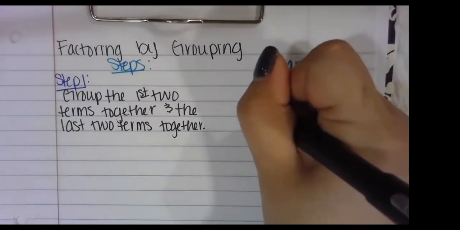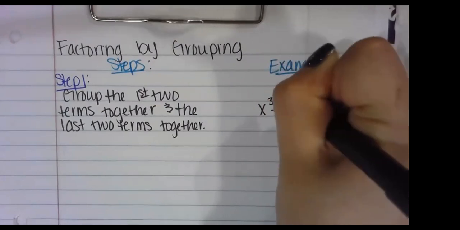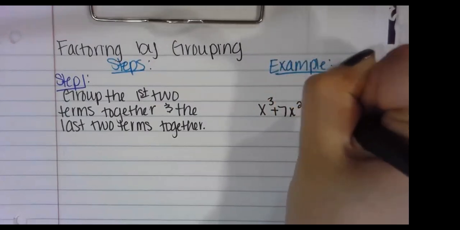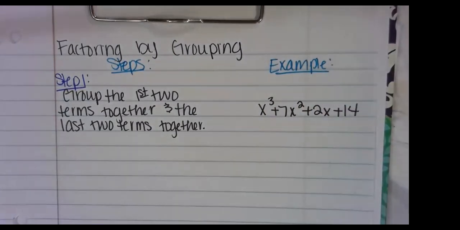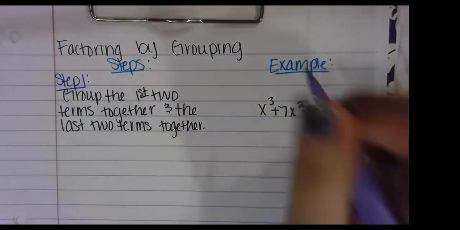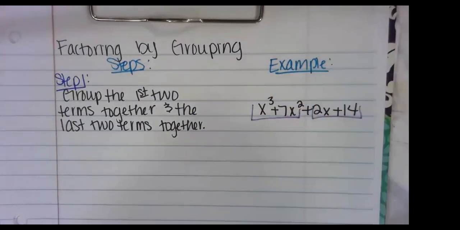So on this one would be like having x cubed plus 7x squared plus 2x plus 14. You look at these two, and you look at these two. That's just what it means by group the first 2 and the last 2.